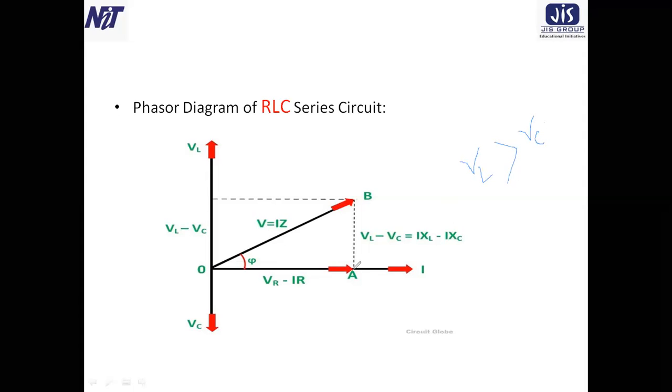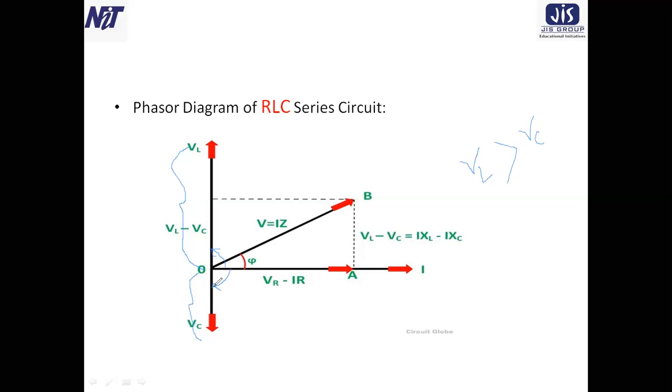So if this is the reference phasor I, then the VL value is higher than VC. What will happen for the inductor? For the inductor, the voltage is leading the current I by 90 degrees. And for the capacitor, the voltage is lagging the current by an angle of 90 degrees.